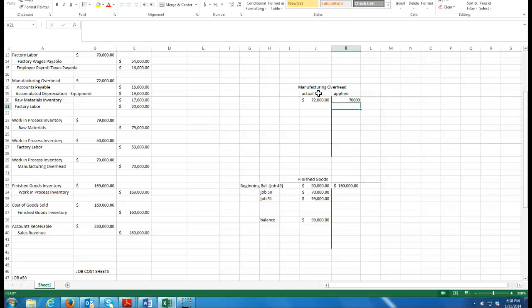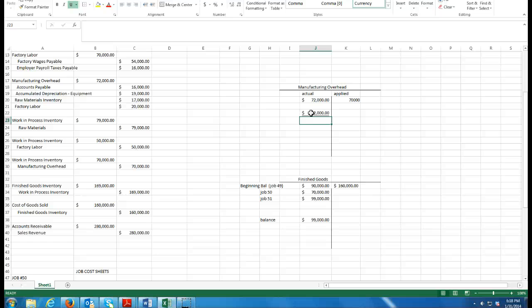So as a result of our actual being greater than our applied, 2,000 is our balance, we actually underapplied our overhead. What that means is our actual was 72. What we applied was only 70, so we underapplied our manufacturing overhead.